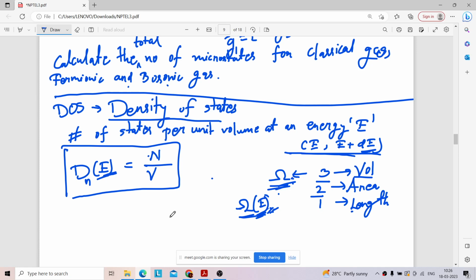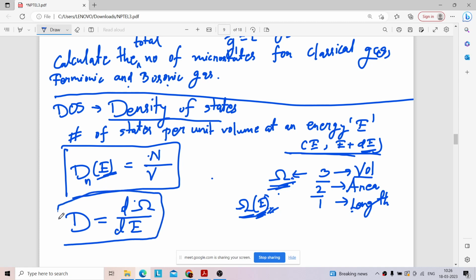Right. So we can define this density of state as the change in this volume with energy. We can define this density of state as the variation of this volume which depends on energy.